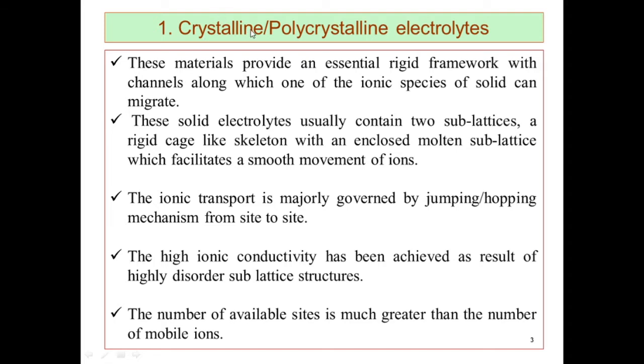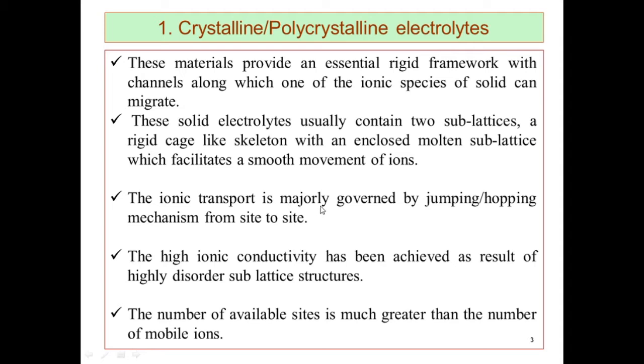First we will discuss the crystalline or polycrystalline solid electrolyte. This solid electrolyte usually contains two sublattices: a rigid cage-like skeleton which encloses a molten sublattice which facilitates smooth or fast ionic movement. These materials provide an essential rigid framework channel along which one ionic species of the solid can move.